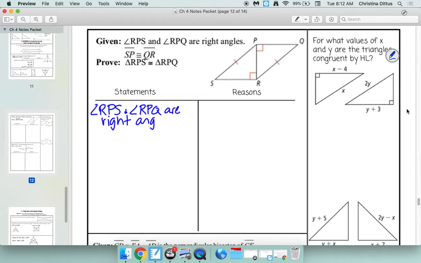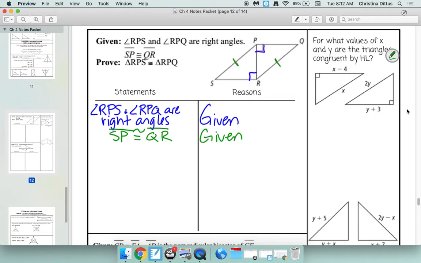And why do I know that? Given. What else should I write? SP is congruent to QR. How do I know? Given.